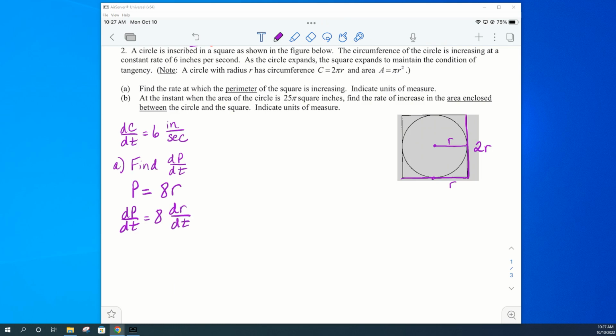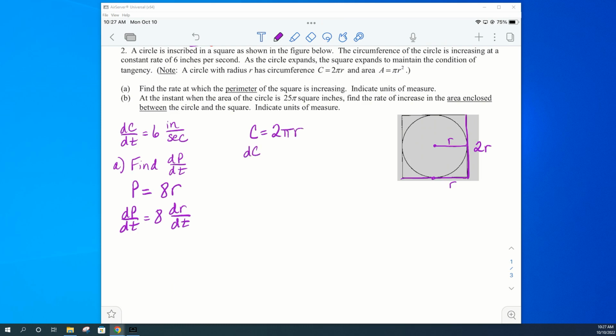But then I think to myself, well, I don't know what dr/dt is. So once you take the derivative, remember, as we've been saying before, if you have to fill in stuff you don't explicitly know, they've given you enough to find it. Well, that's when I would come over here and say, I know that C, the circumference, is 2 pi r.